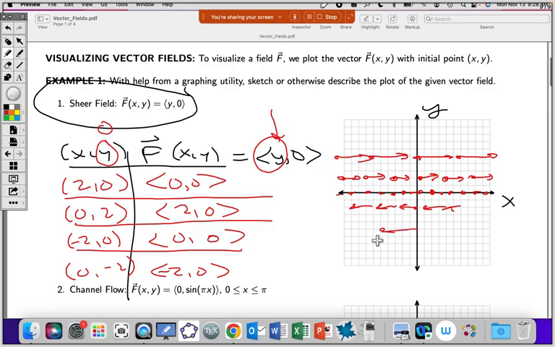And the further I go down, in absolute value, the bigger the y component. So in magnitude, the bigger the vector. Right? You see how this is getting plotted? And you see how we're getting the picture here?